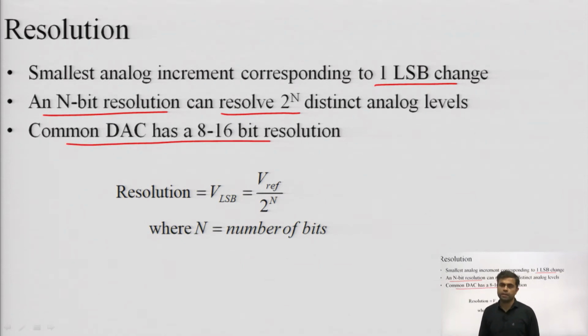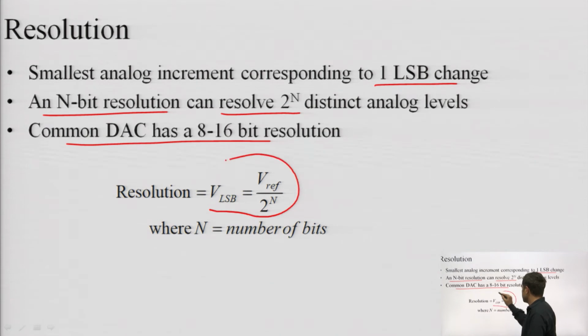Generally we find that whenever we are converting a digital value into an analog value, we are having a minimum of 8 to 16 bit resolution. So resolution can be mathematically defined by this formula: VLSB, the voltage corresponding to the least significant bit, is equal to Vref divided by 2 raised to power n.